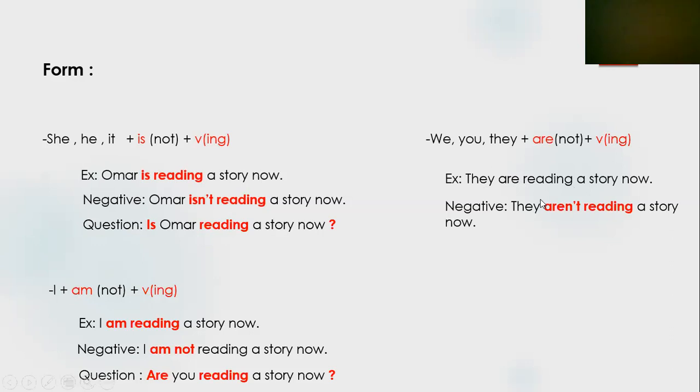The negative, they are not reading a story now. So you should keep in your mind that if you have a helping verb, you don't have to bring another one like do or does not. The question, are they reading a story now?